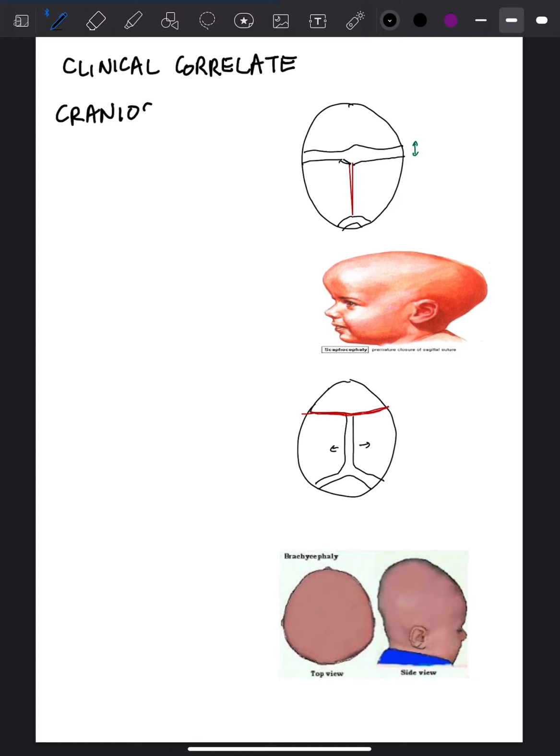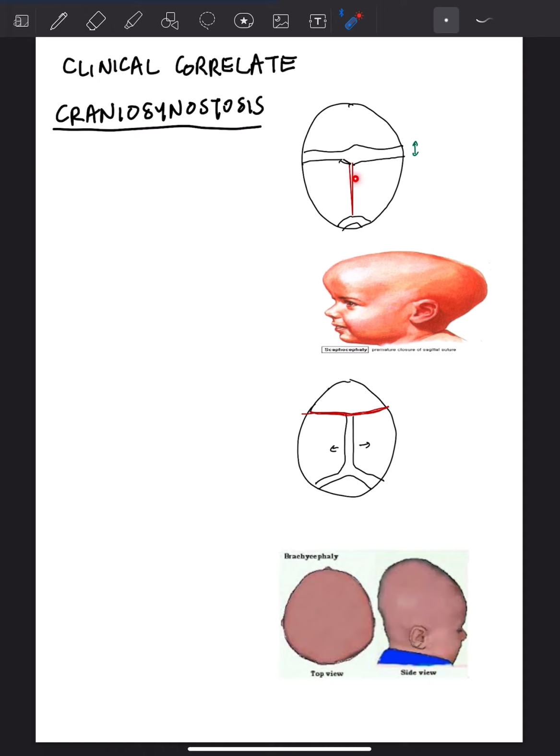Craniosynostosis. Depending on which suture is closed prematurely, you can have different names for it. Craniosynostosis is the big name for it, but depending on which suture, you can have specific names. For instance, if you have early closure of the sagittal suture: you have your coronal suture anteriorly, and then the lambdoid suture posteriorly.